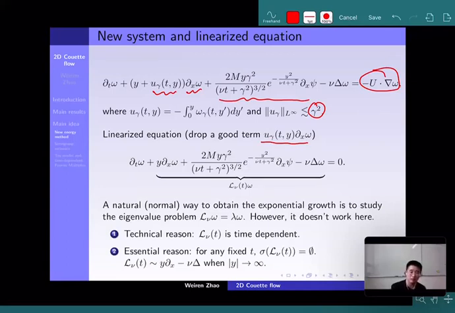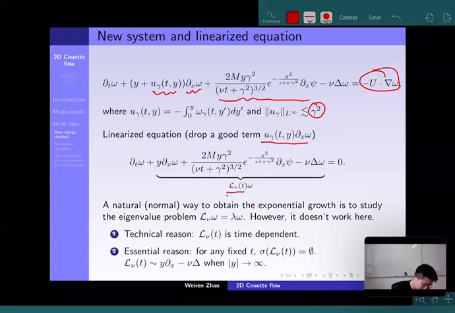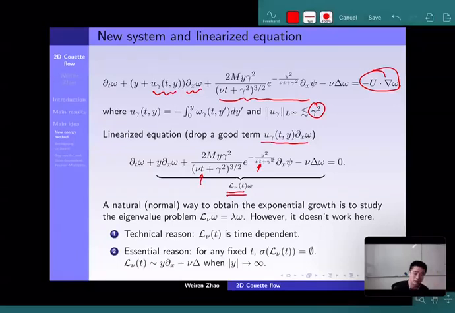So we end up with this linearized equation, and it's still time dependent because this flow is time dependent. So the linearized operator is time dependent. We would like to prove the instability. A natural way to study this is to find some growing mode, meaning you have some growing eigenvalue.